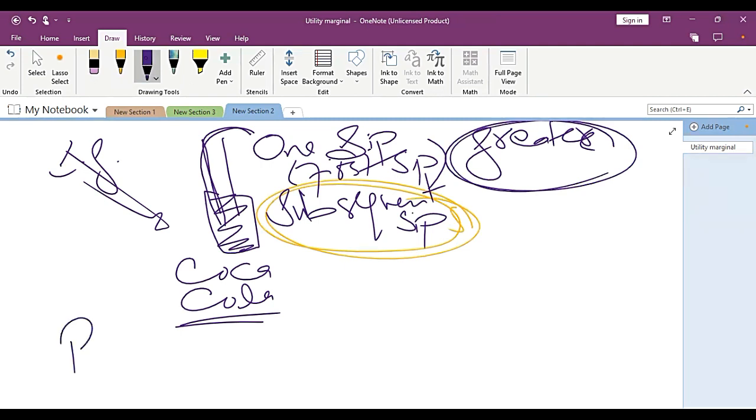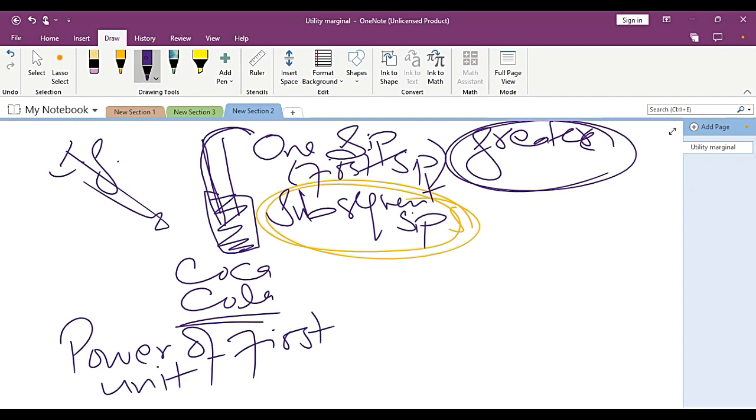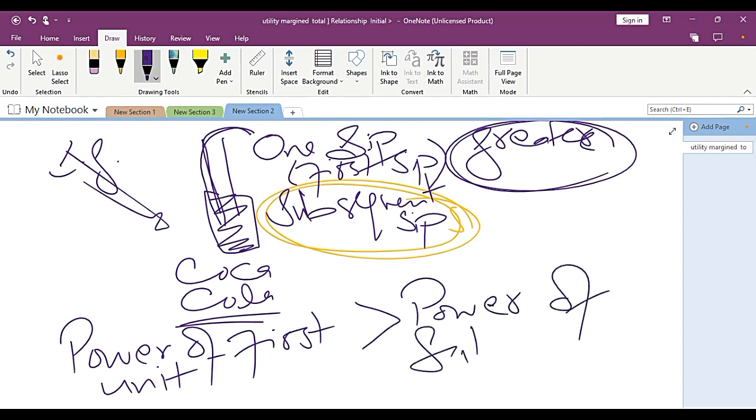Means the power of the first unit is always greater than the power of subsequent units.